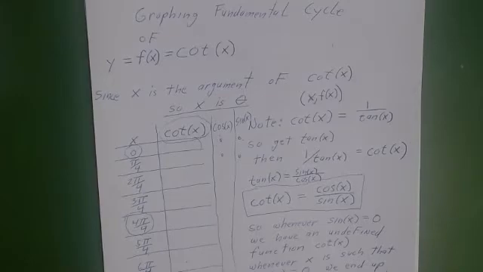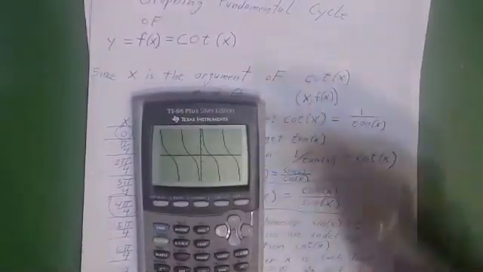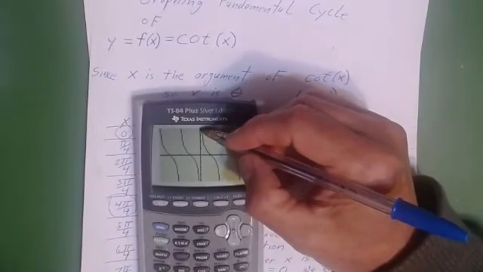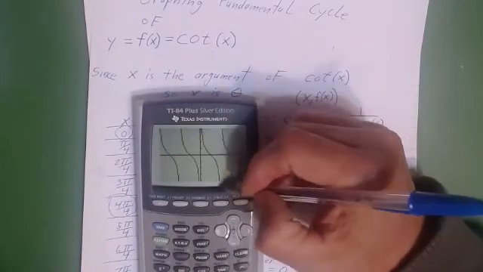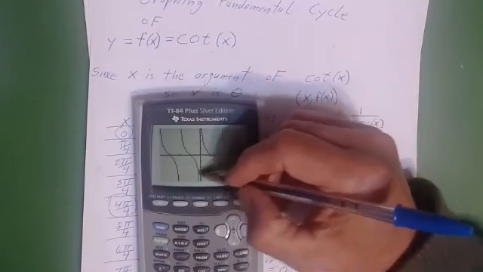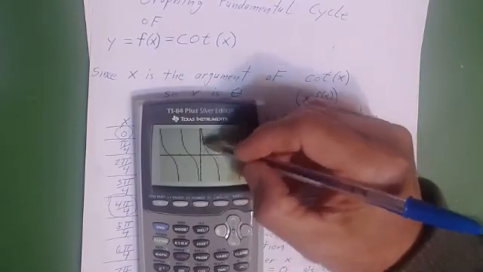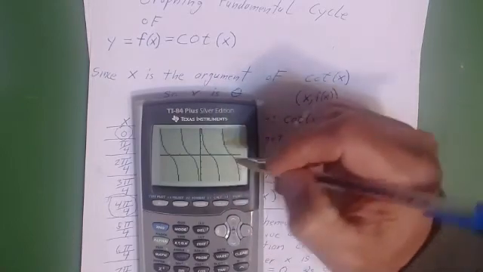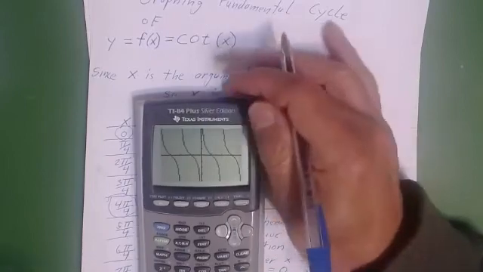It's undefined. You just want to get an idea of how fast this line's changing, a couple points. So you know the asymptotes there. So you want to see this shape in your graph, okay?